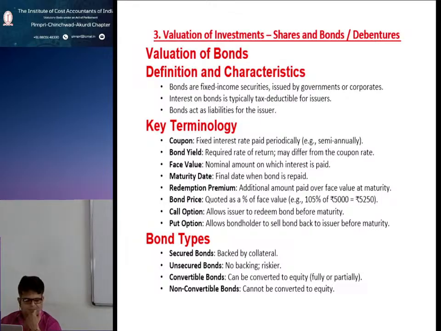In short, there is some kind of security or assurance made available for the borrowings that are being done. Unsecured bonds have no backing, and therefore they are riskier compared to other bonds.